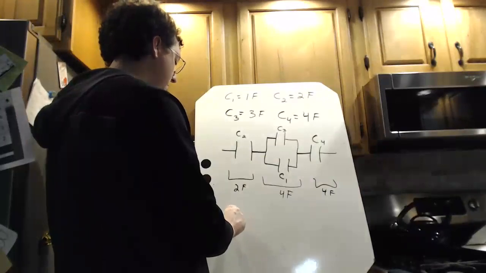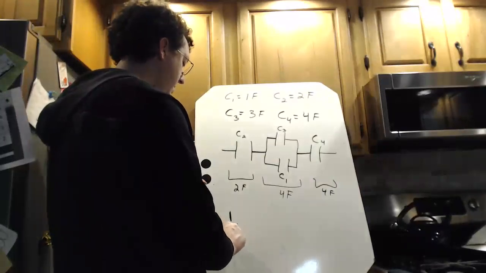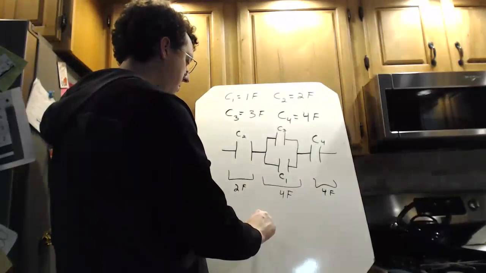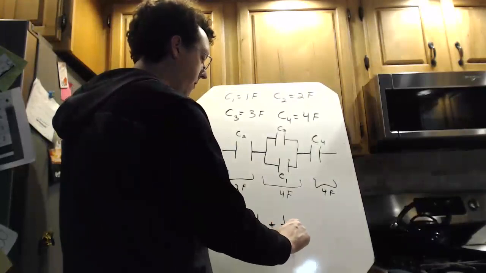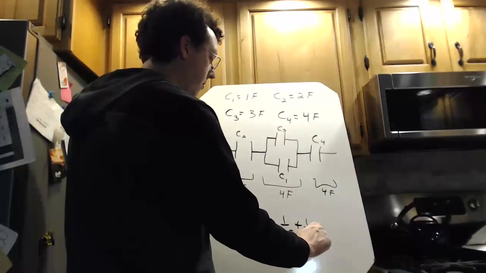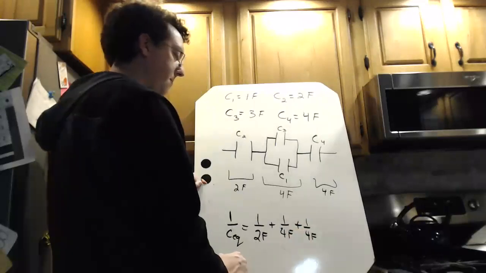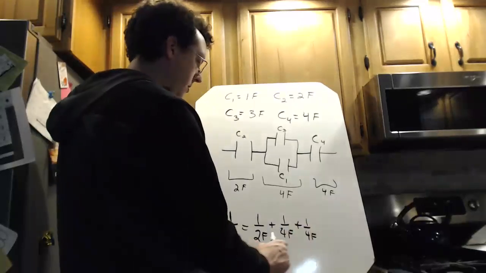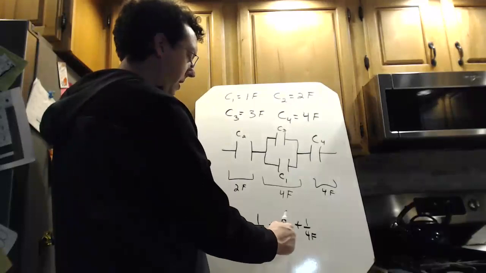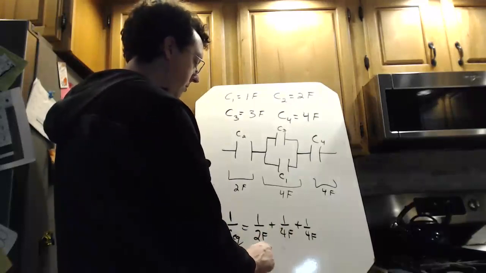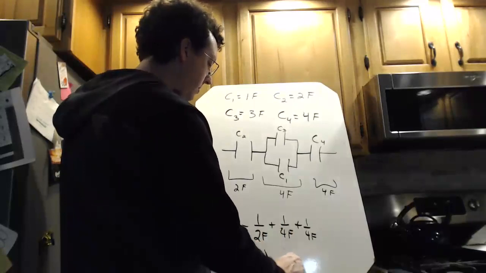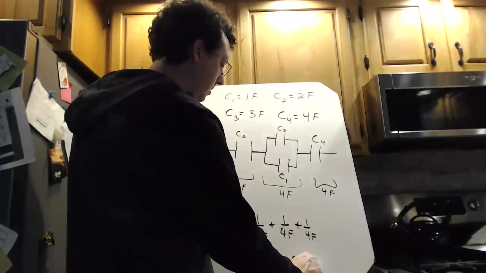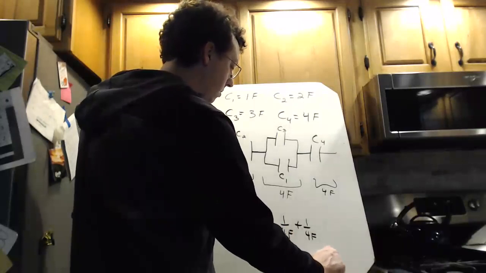So that tells me 1 over C equivalent equals 1 over 2 farads plus 1 over 4 farads plus 1 over 4 farads, which equals, well, a fourth and a fourth is a half and a half is a 1, so that's going to equal 1 over 1 farad. Take the reciprocal, it'll give you the same. So I find that C equivalent equals 1 farad.